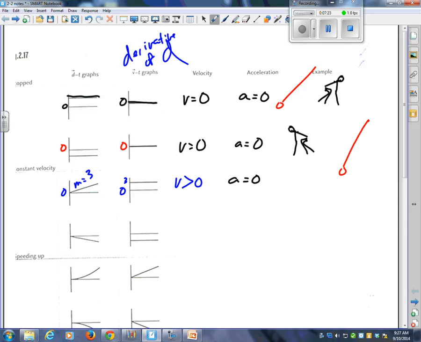Where's your drawing? Oh, I haven't done the drawing yet. Please. Thanks, Diane. I gotta make myself some room here. I'm gonna put the 0 up there. I quite often have to sort of cheat by copying it right from the book. Okay, so they're running at a constant velocity.